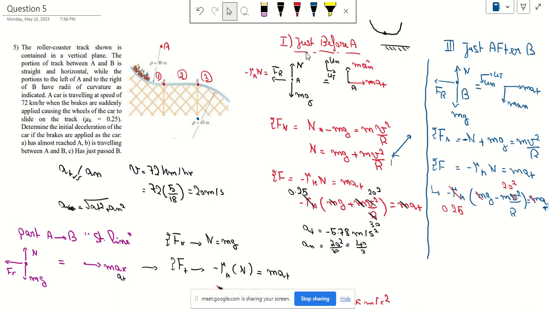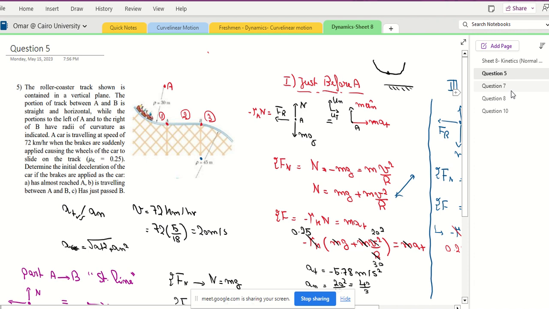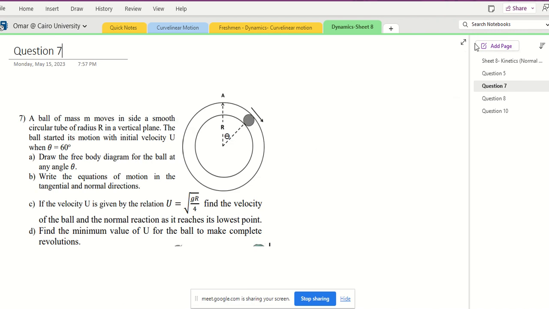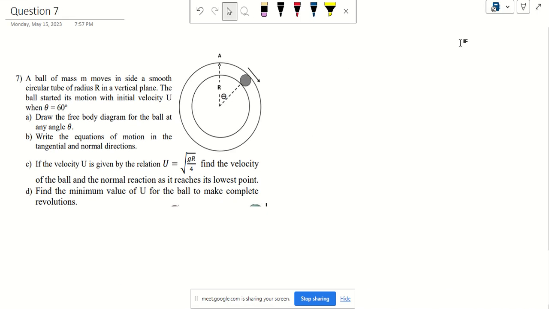Okay, understood. Let's go to the second question. This second question is saying that we have a ball of mass m moving in a smooth circle, but again, smooth means we have no friction, in a vertical plane. The ball will start its motion at the initial velocity u, and u is not given, when theta is equal to 60.